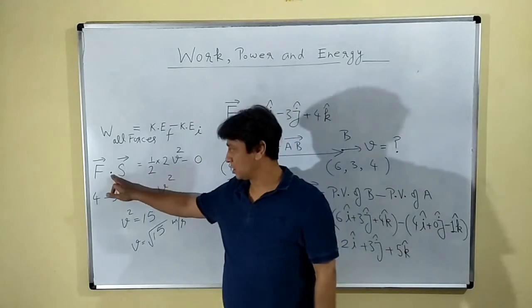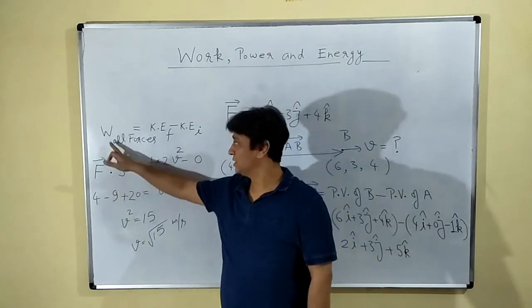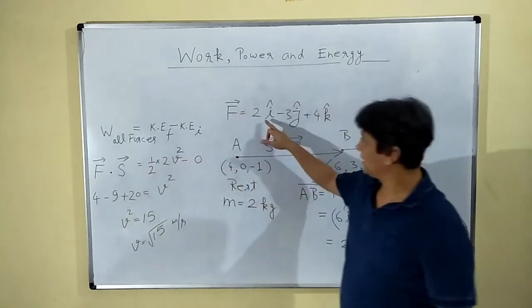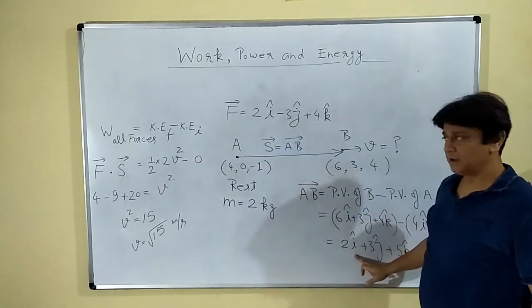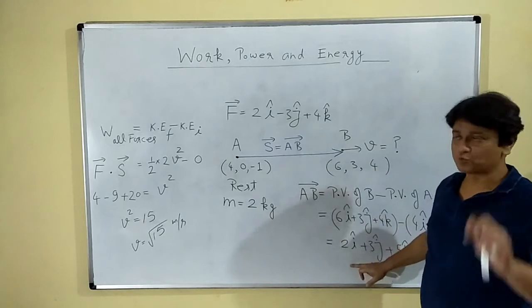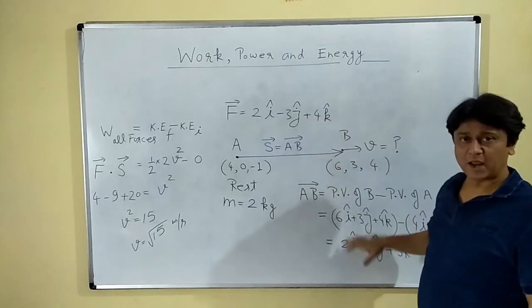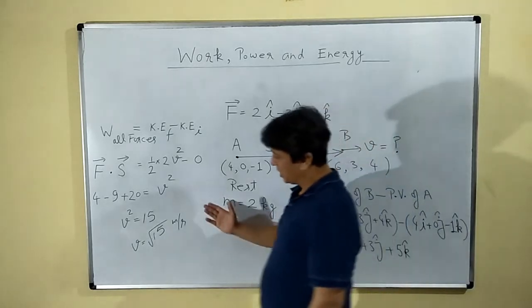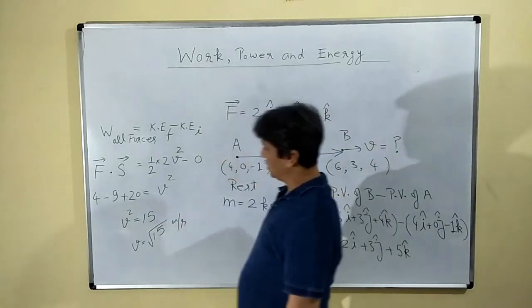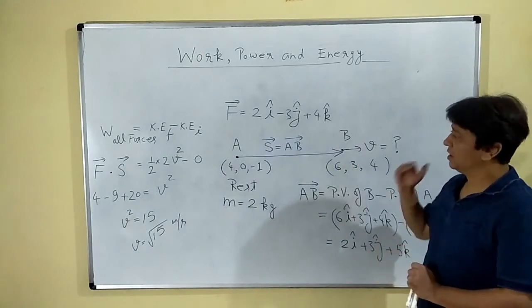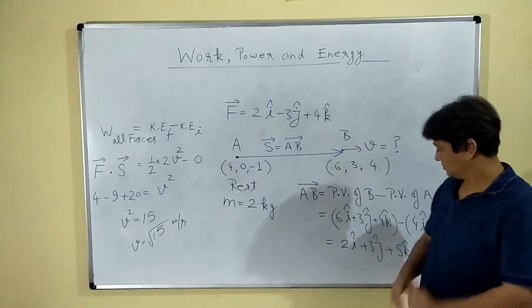Whereas when you take a dot product, we are dealing with a scalar quantity, and therefore when I say i dot i, it becomes 1. J dot J, it becomes 1. You are simply multiplying their coefficients, ultimately giving me the answer root over 15 meters per second. Note down this.